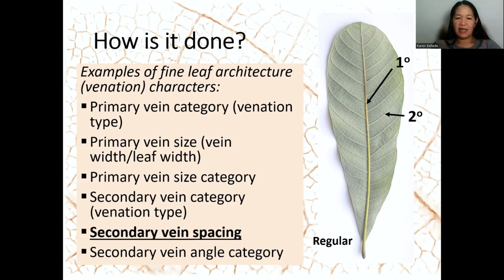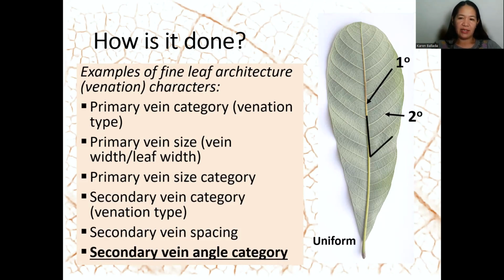Okay, next is the secondary vein angle category. The angle is usually measured, oops, pardon my line there, it's the angle between the secondary vein and the primary vein. And this actually is being measured. Now, if the secondary vein angle difference all throughout the leaf is something like within 10 degrees from the base, it is considered to be uniform, as in the case of this one.